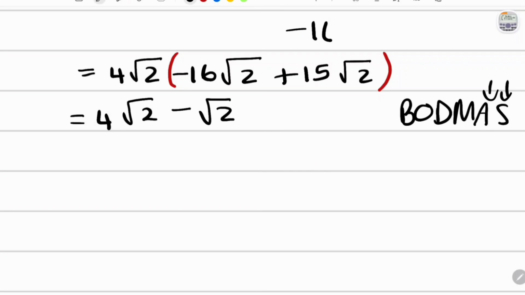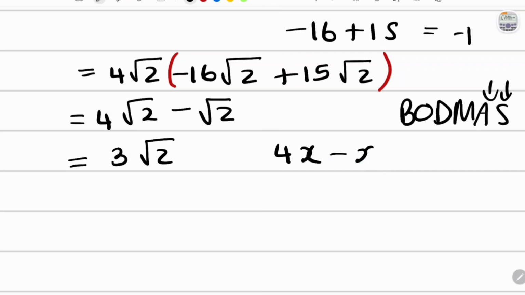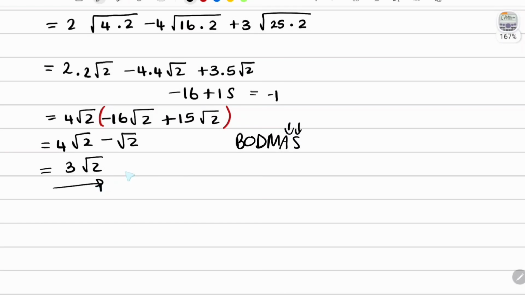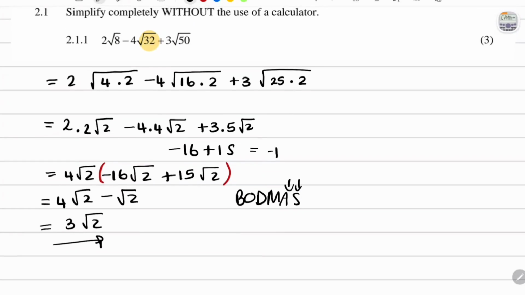It's like saying negative 16 plus 15, which gives you negative 1. So that's why it's negative square root 2. Remember, the square root 2 is like your x, like your variable. And so 4 square root 2 minus square root 2 is just 3 square root 2. Again, it's like algebra, like 4x minus x is 3x. The square root 2 is like your variable. So that's our answer, 3 square root 2.